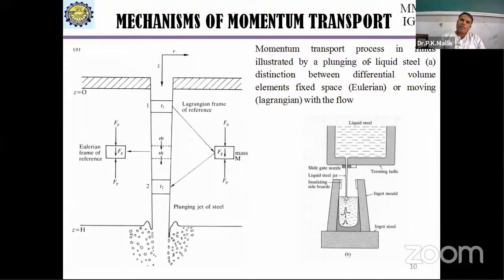In segregation, heat transfer and mass transfer occur simultaneously. If the mass transfer is not in a particular fashion, you will get segregation in the mold or in castings. That's why we are dealing with microscopic phenomena.